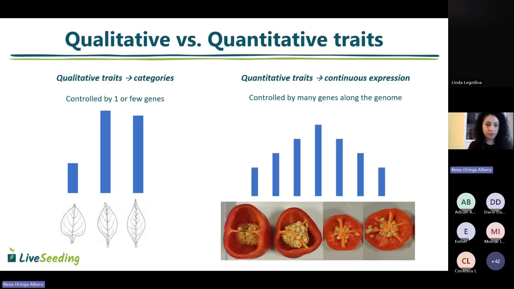So let's continue. When we talk about qualitative and quantitative traits, we are talking about traits that are controlled only by one or few genes, or traits that are controlled by many genes. Please silence your microphones, because if not, I cannot concentrate properly. Thank you. So qualitative traits normally follow Mendel's laws, which indicate dominance of one trait in the first intercross and segregation in the F2 generation.